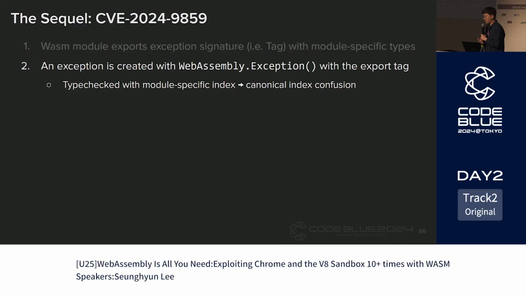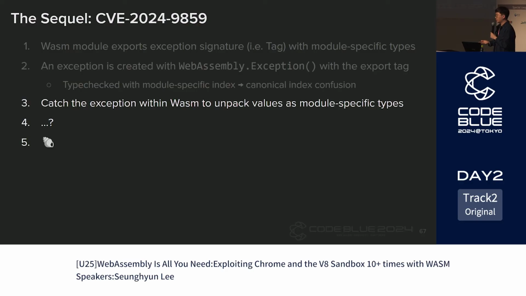In this step, we already have a type confusion. We're type checking this JavaScript to WebAssembly boundary with the wrong types. We're using the module-specific index as a canonical index without actually canonicalizing it. And then we just throw this exception and catch it within WebAssembly and use it as a module-specific type, which again leads to arbitrary WebAssembly type confusion.